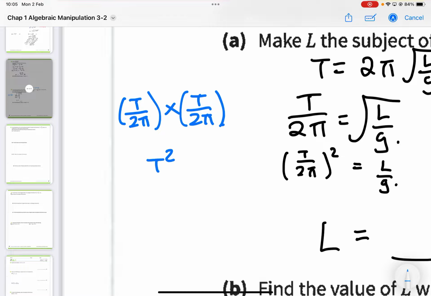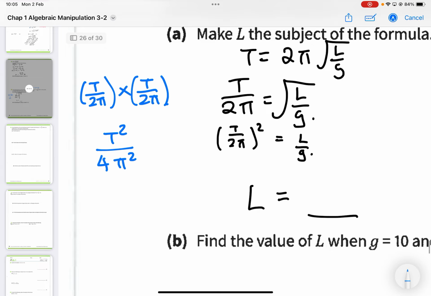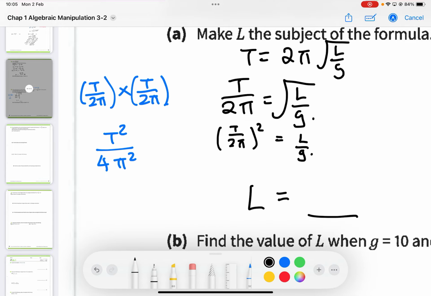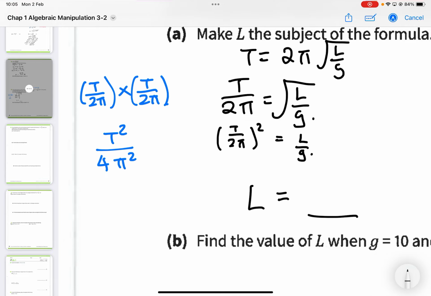My square must go to the t, to the 2, which becomes 4, and the pi also. Because the entire bracket is multiplied by itself when I square my left hand side. So I will have t squared over 4 pi squared.